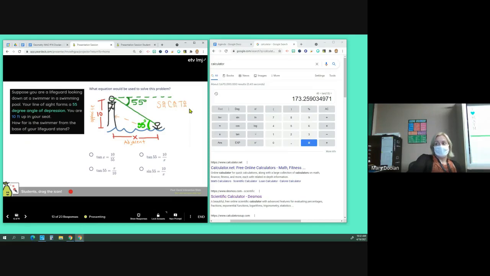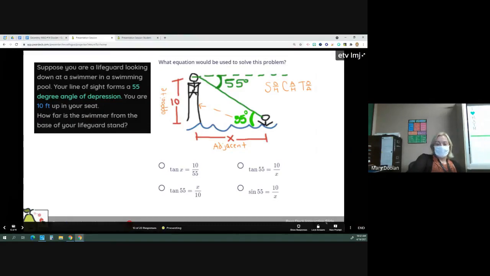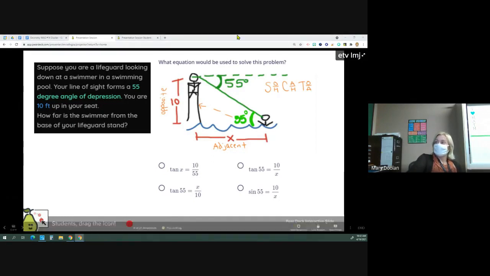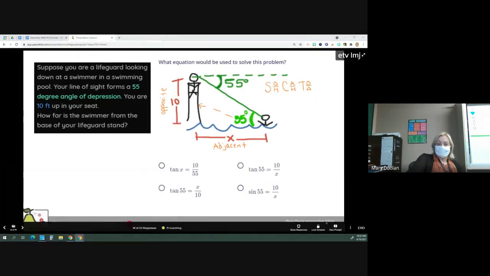Tangent is opposite over adjacent. I have 13 responses. So where do you think you should drag your dot so that you're using the right equation?